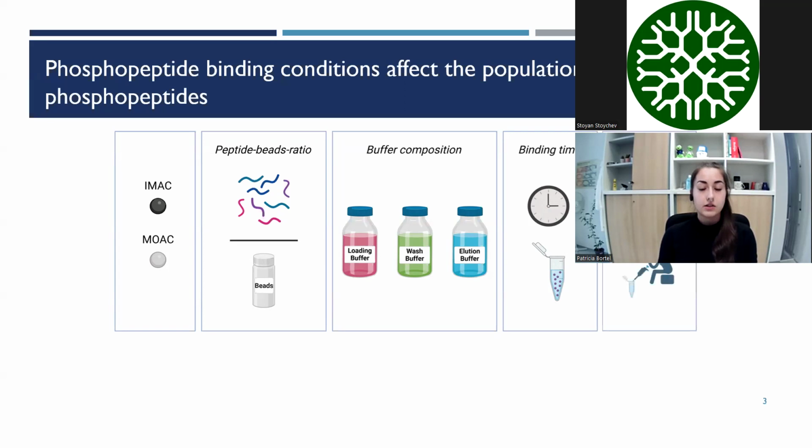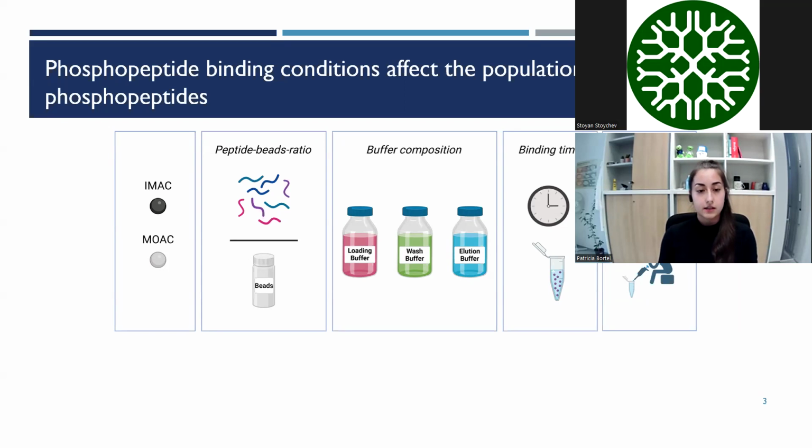And in the last years, significant improvements have been made in the phosphoproteomics field, mainly by new highly sensitive mass spectrometers, as well as the implementation of data-independent acquisition, and also software tools that are capable of analyzing DIA data without the need of spectral libraries.